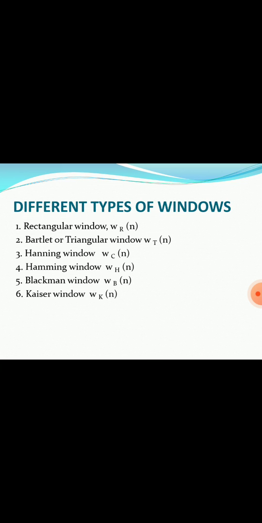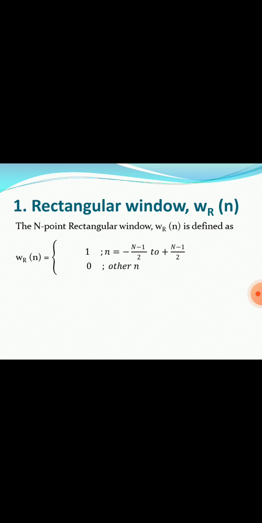So here we have different types of windows. The first one, rectangular window, Bartlett or triangular window, Hanning window, Hamming window, Blackman window and Kaiser window. The rectangular window sequence is represented by the function WR of n.